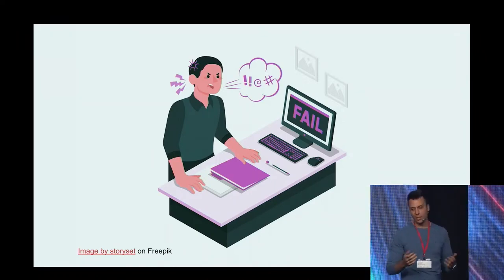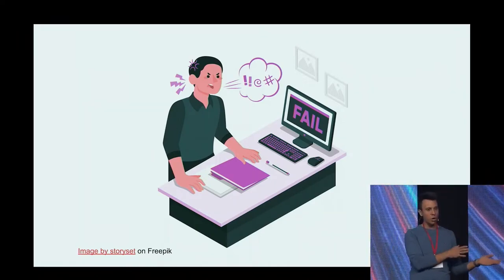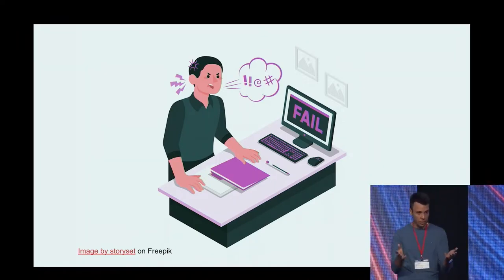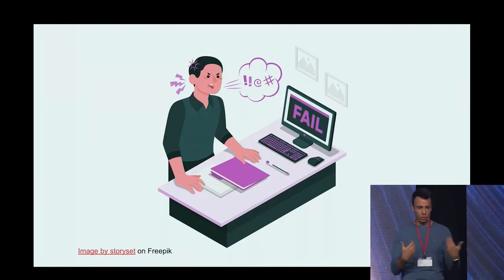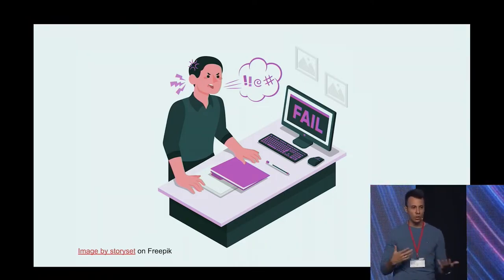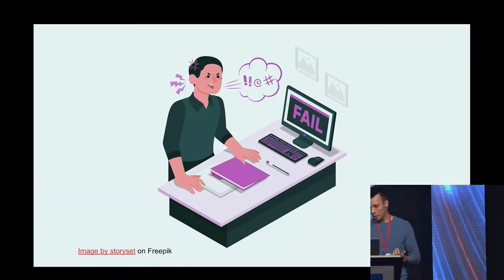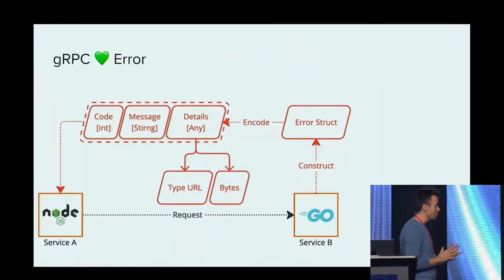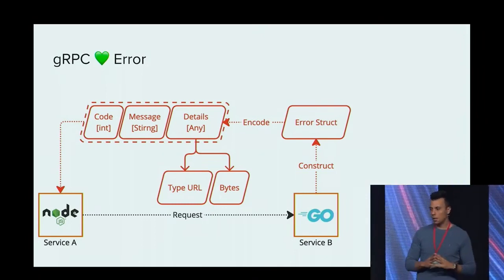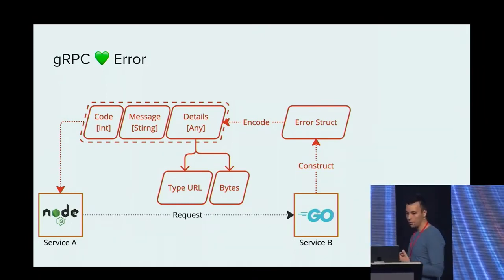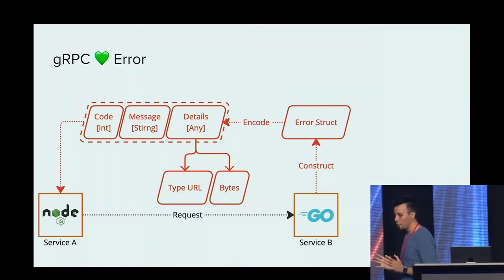So this is a vicious cycle. We want the services to talk to each other, like we did with the retries, not engineers explaining to each other what this means. And how to do that? So error propagation, if you will, in gRPC works in the following way.